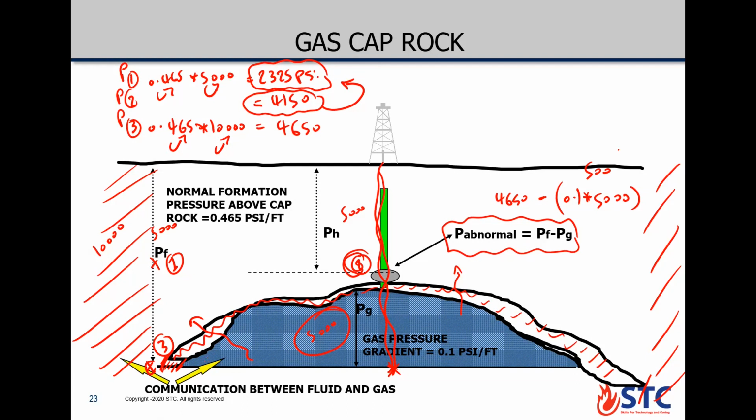Is it clear? Let's imagine now. We have here cap rock. So here we have gas, no gas. So at this point number 3, we calculate the formation pressure as normal. Why? Because no communication between the gas and these layers.